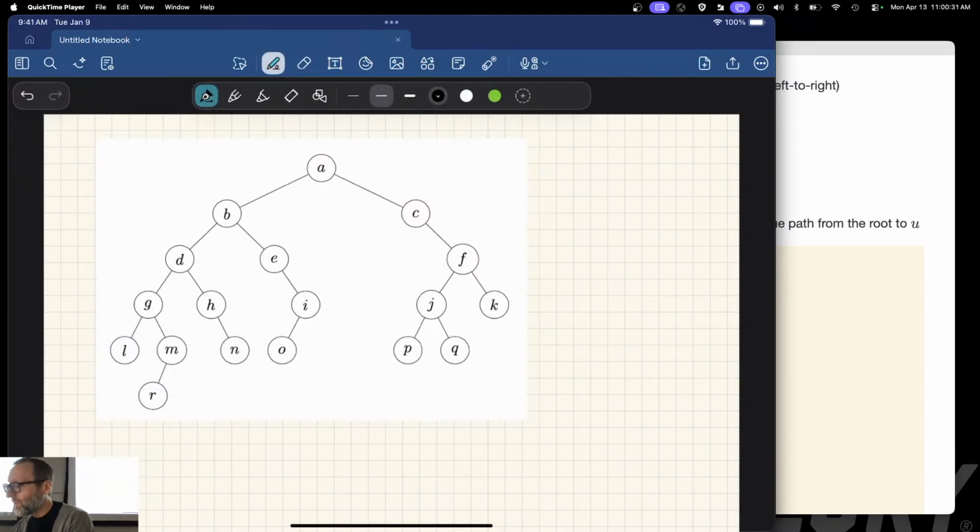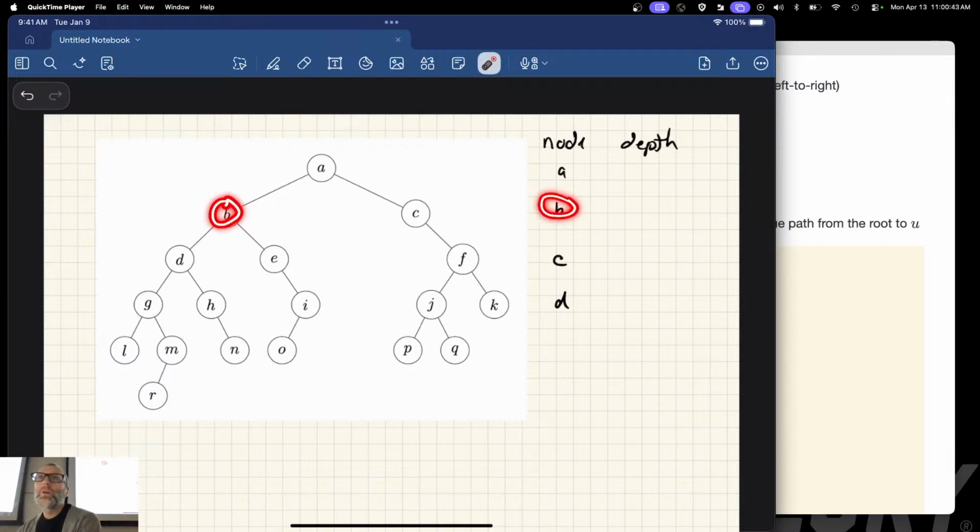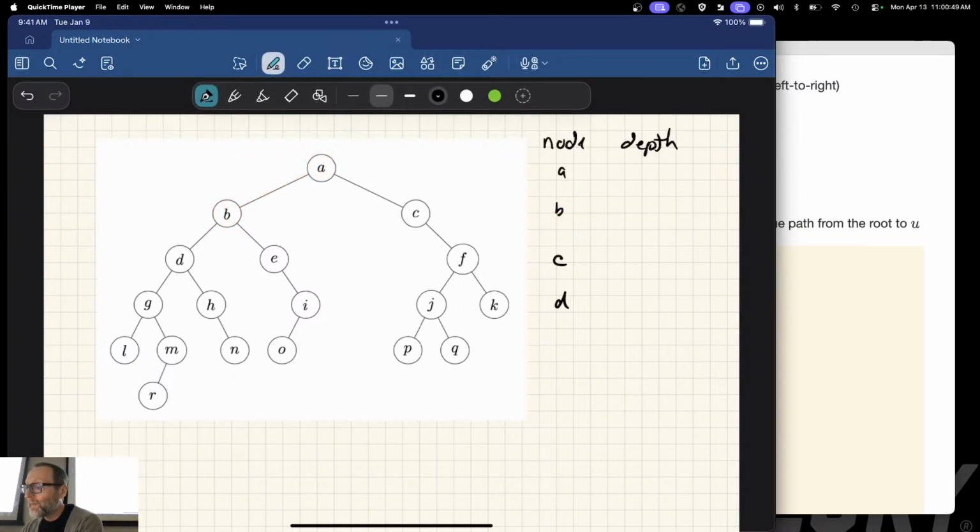All right, so we can look at each node individually, A, B, C, D. We'll do them all eventually, but let's look at the depth. I'm going to jump ahead here to B. When I look at B, there is a unique path from the root node down to B, and the length of that path is 1. Right? Likewise to C, the depth of C is going to be 1 because of the length of the path.